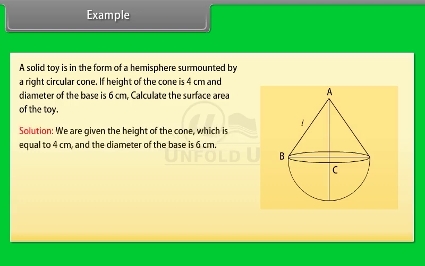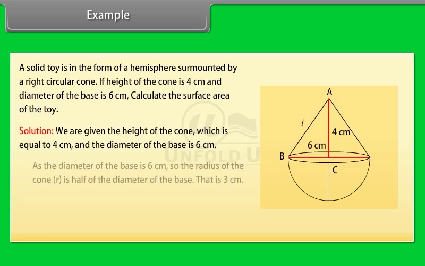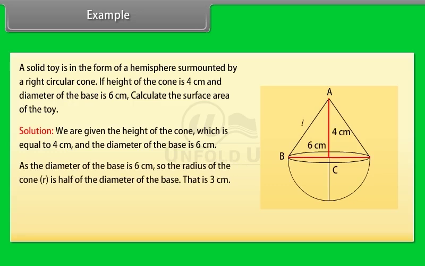Solution. We are given the height of the cone, which is equal to 4 cm, and the diameter of the base is 6 cm. As the diameter of the base is 6 cm, so the radius of the cone r is half of the diameter of the base, that is 3 cm. Also, radius of hemisphere is 3 cm.